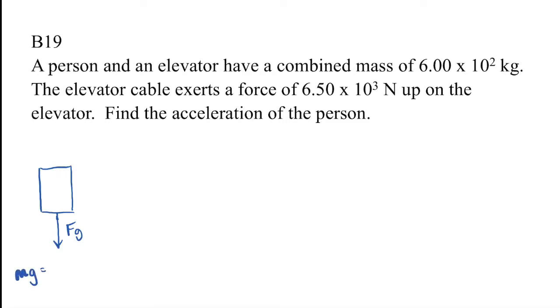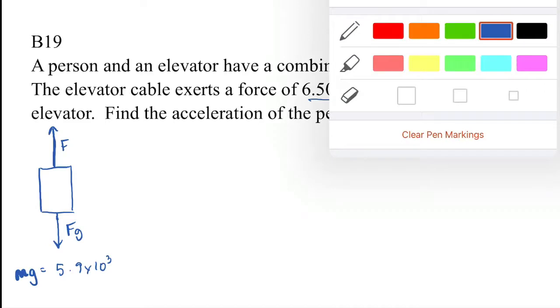I would usually not even do this on paper, but I would quickly take my calculator and find the force of gravity, because that's just mass times gravitational acceleration. 6 times 10 to the 2 is just 600, and you multiply that by 9.81, and you get 5,886, or 5.9 times 10 to the 3, which is not what I'm going to use. I did that just so I can compare it with the 6.5 times 10 to the 3, so I know which one's larger. It looks like the tension force is larger, so it's going to go upwards.